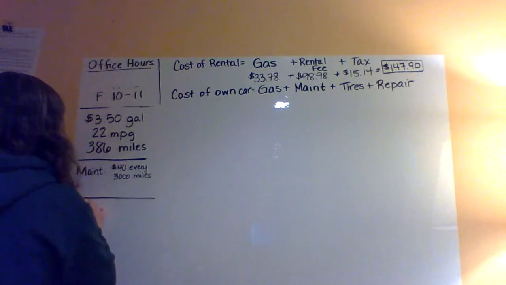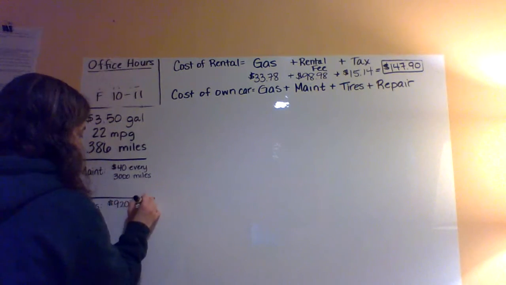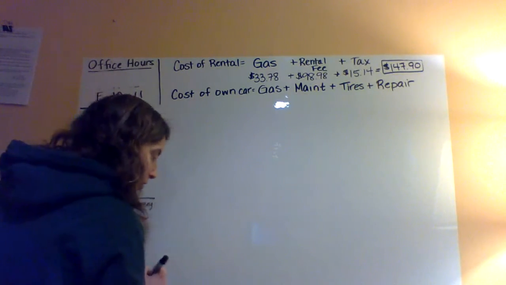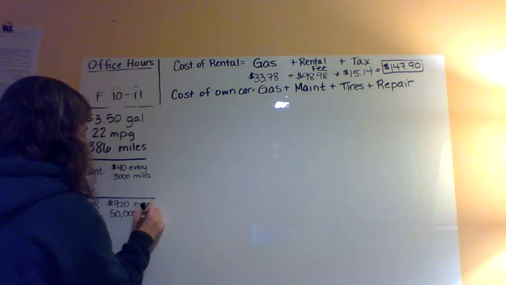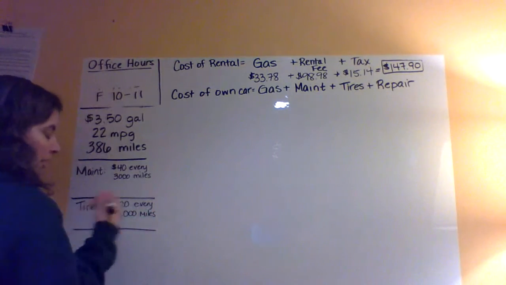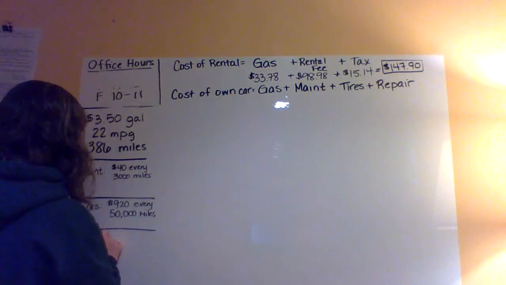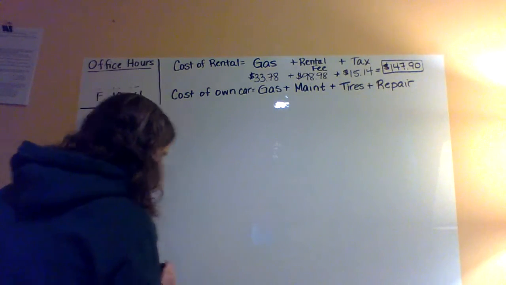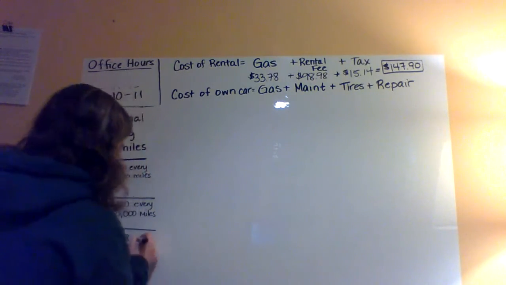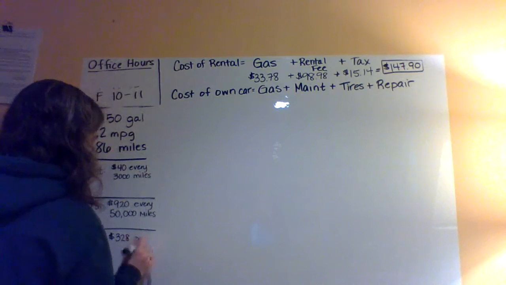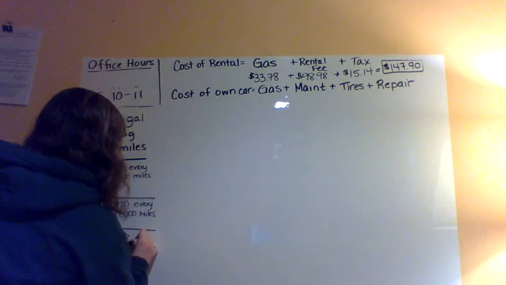The tires are $920 every 50,000 miles. And general repairs on average for this kind of vehicle are going to cost her $328 per year, and this is based on driving 15,000 miles. Okay, so those will all help us figure out those costs.